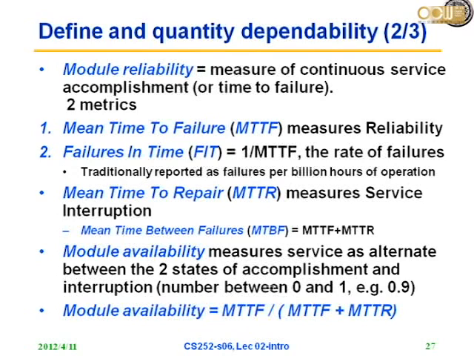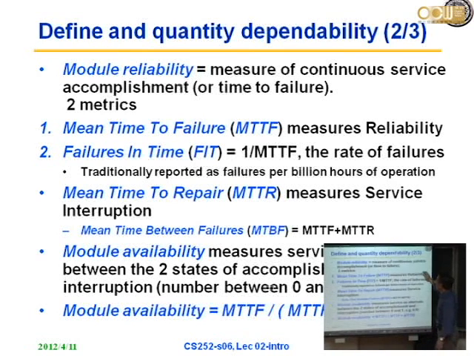The dependability or reliability equation says it's a measure of continuous service accomplishment, or time to failure, which can be broken into two metrics. One is mean time to failure, the other is failures in time.